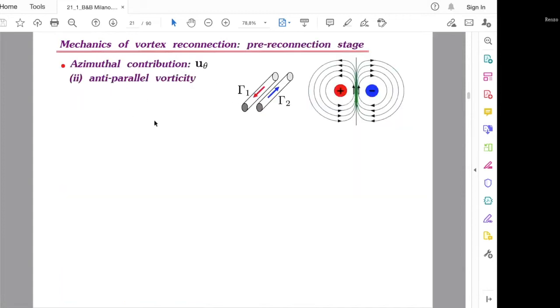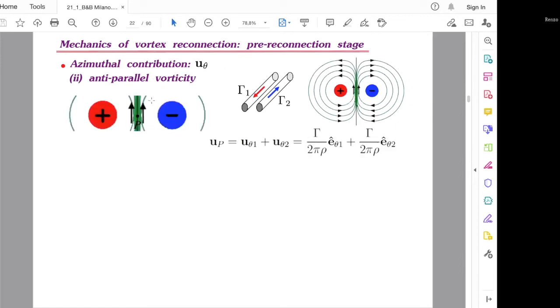Well, what about if we have anti-parallel vorticity? So if we have anti-parallel, the two circulatory motions are squeezed at the center. And now we want to focus on this central region. Remember, we are just focusing on the azimuthal contribution only.